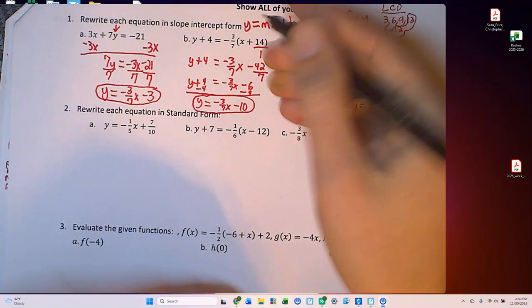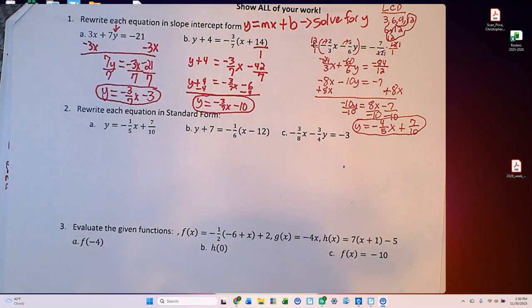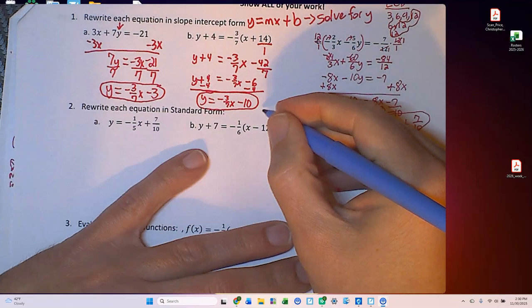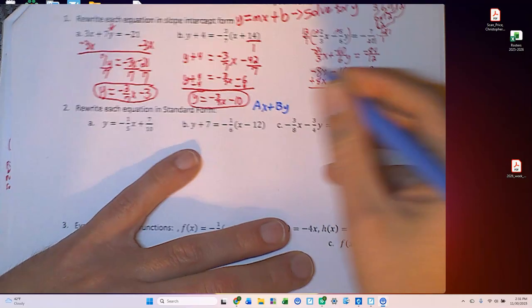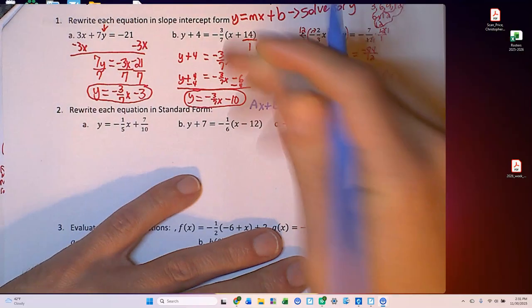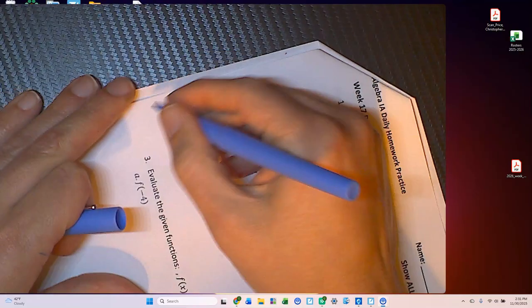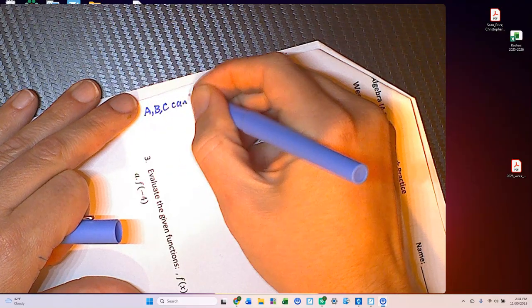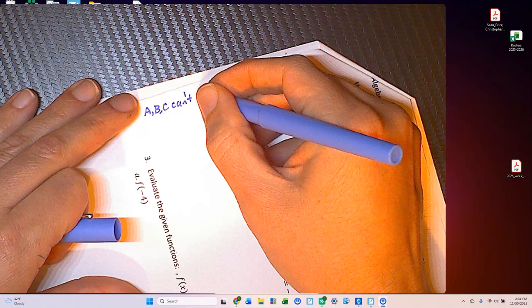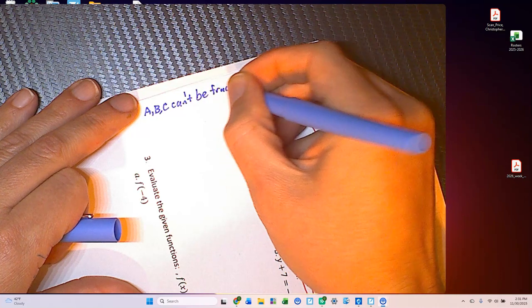Ooh, standard form. What is that, you ask yourselves on a daily basis? All right, ax plus by equals c. Okay, what do we know about standard form? A, B, and C can't be fractions or decimals.